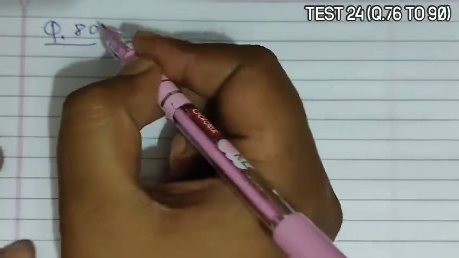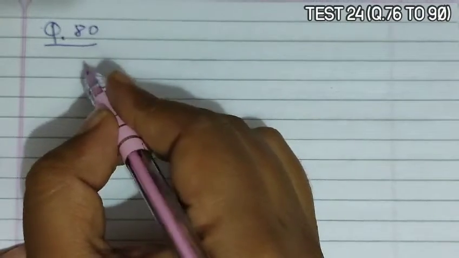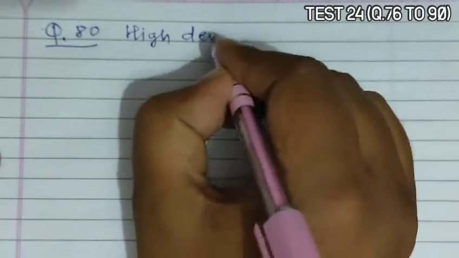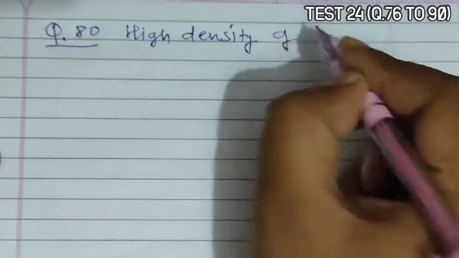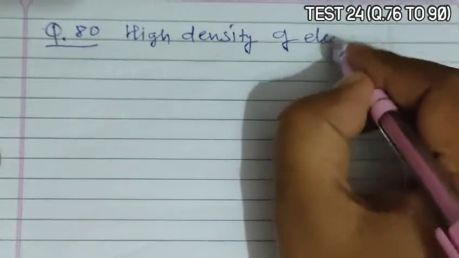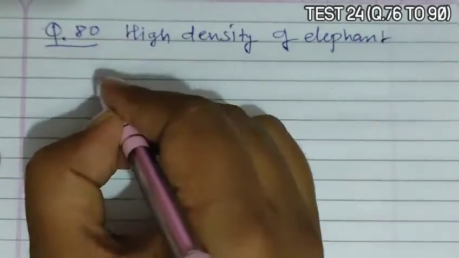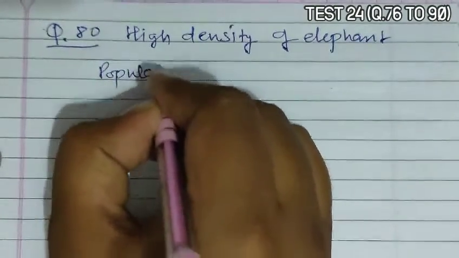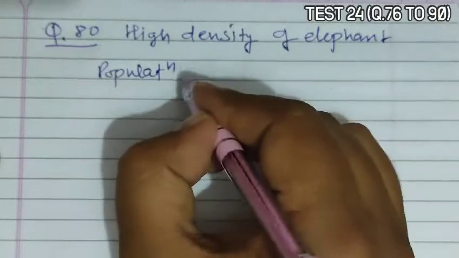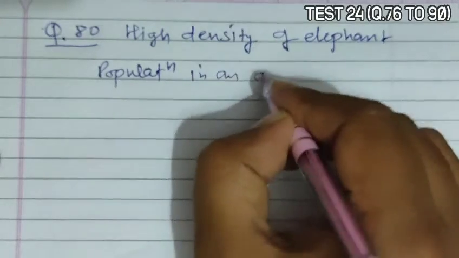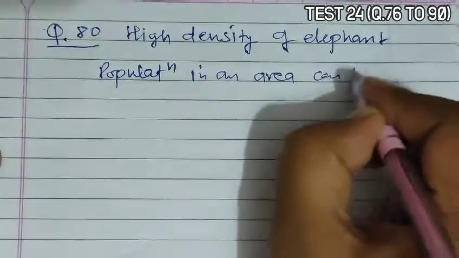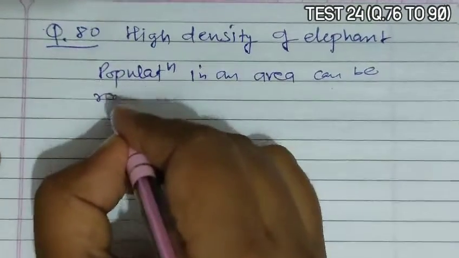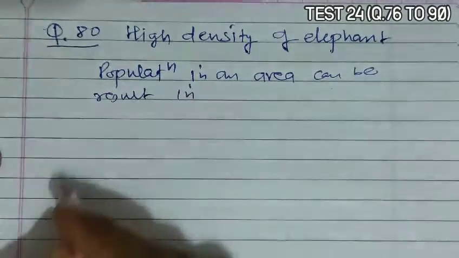Question 80 asks that a high density of elephant population in an area can result in.